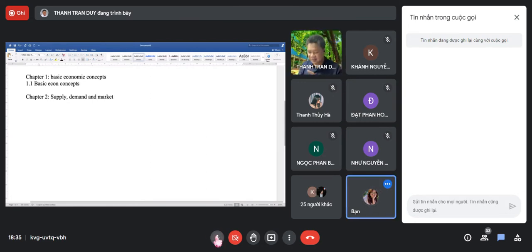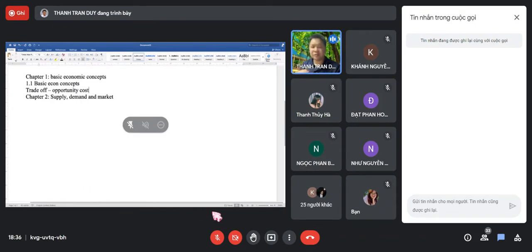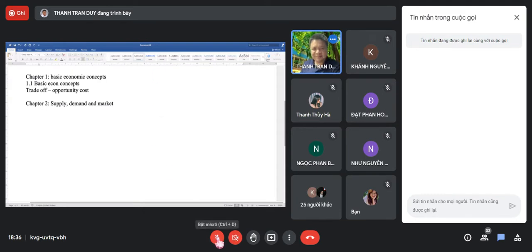Yeah, trade off. Okay, good. And then opportunity cost, right? Anyone tell me what is opportunity cost? Okay, I will ask you later.